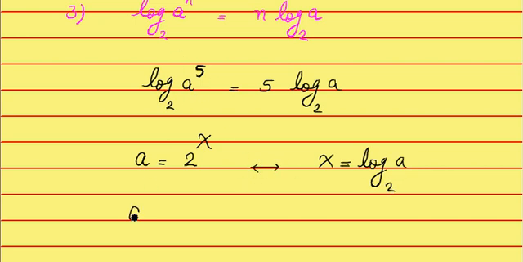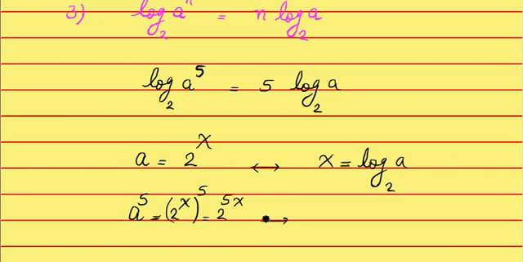I want to study a to power of 5. Well, a to power of 5 means 2 to power of x, the whole thing raised to power of 5. As usual, rules of exponents are basis of all of our conversation here. Well, what is the simplified form of 2 to the power of x to the power of 5? We learned in exponents that you multiply the old and new exponent.